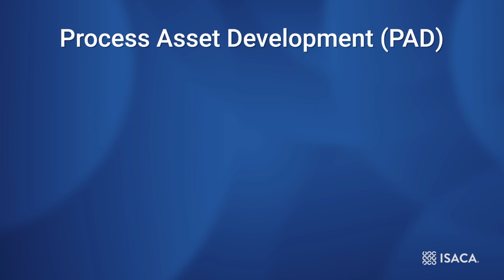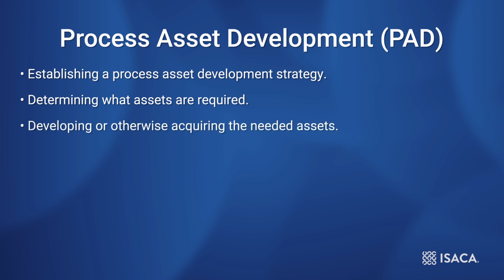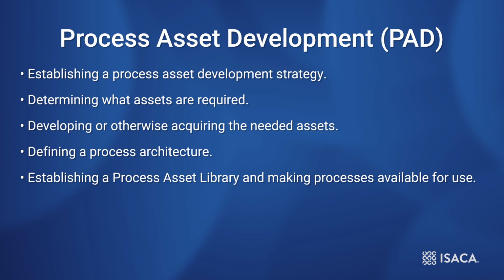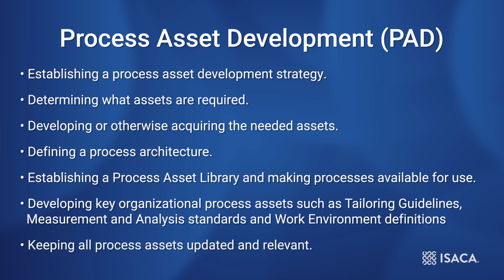To summarize the main points, PAD covers establishing a process asset development strategy, determining what assets are required, developing or otherwise acquiring the needed assets, defining a process architecture, establishing a process asset library and making processes available for use, developing key organizational process assets such as tailoring guidelines, measurement, and analysis standards and work environment definitions, and keeping all process assets updated and relevant.